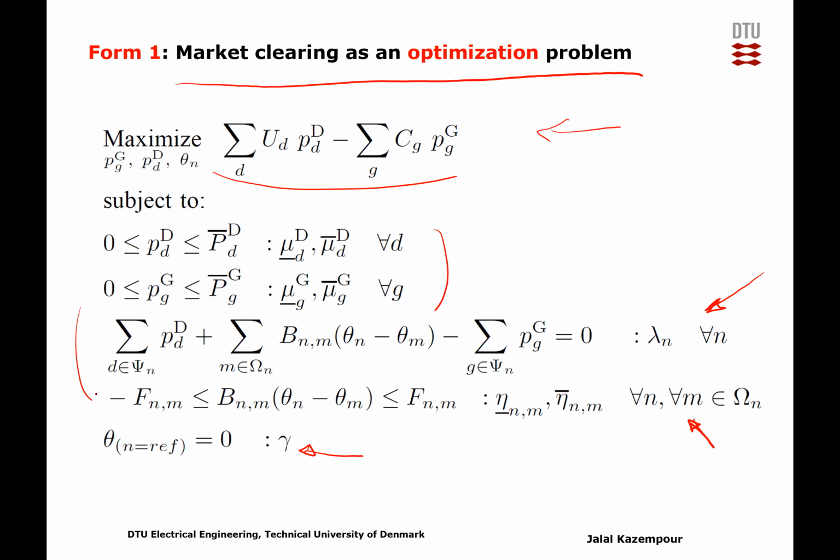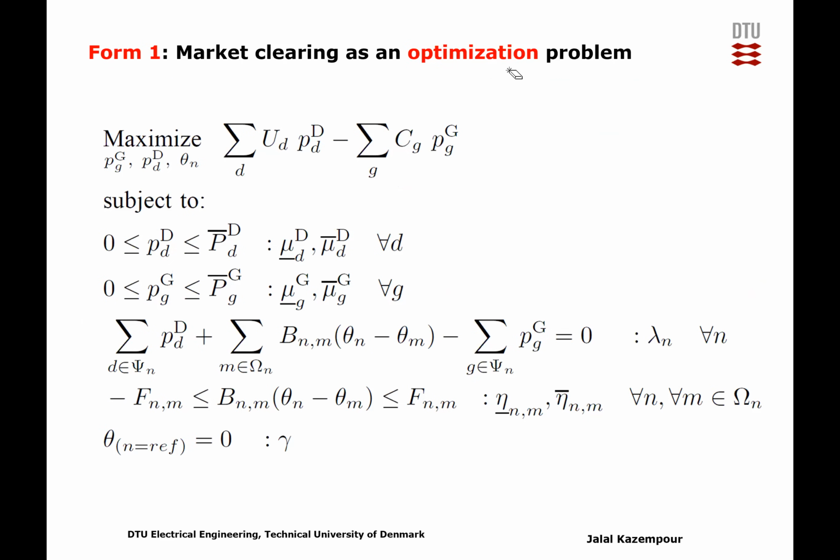While in the United States, the transmission system is modeled in the day-ahead, and also the bids are way simpler because the market operator is aware of the technical constraints of the generators. But let's say for a generic market, this is the way we can clear the market using an optimization problem.